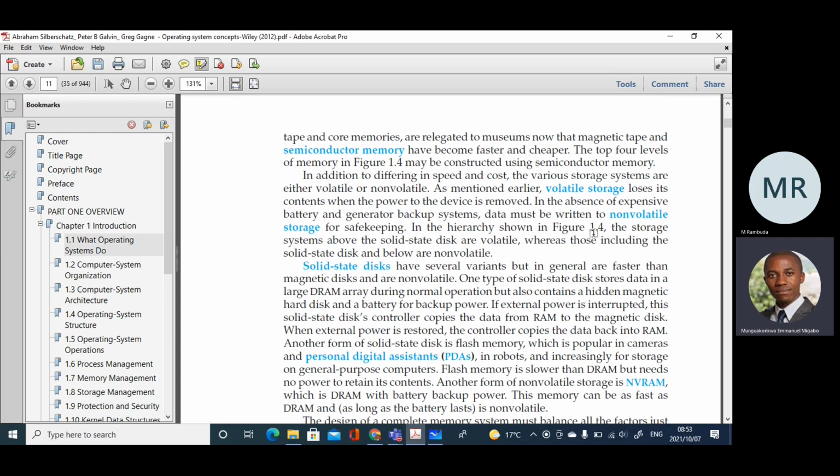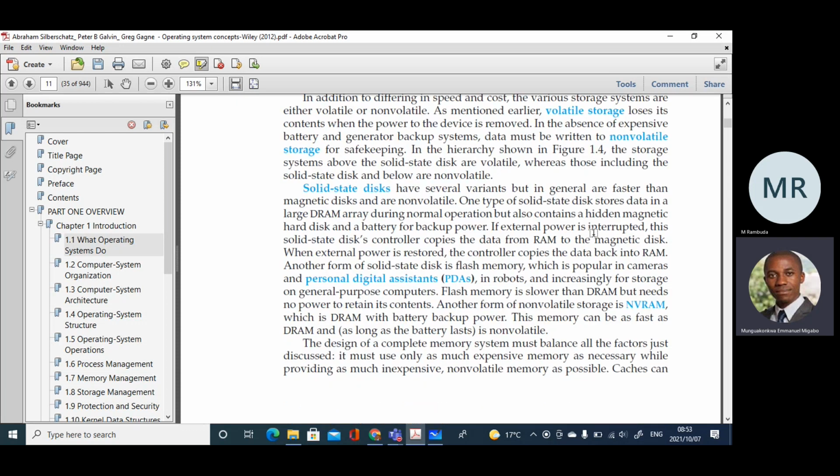Yeah, that is exactly what is explained there. But let's look at this: when external power is restored, the controller copies the data back into RAM. The controller has to reload RAM because RAM will lose the data if power was off.